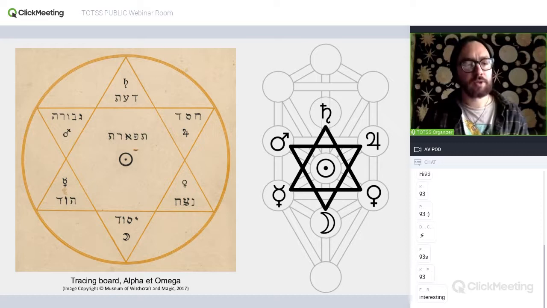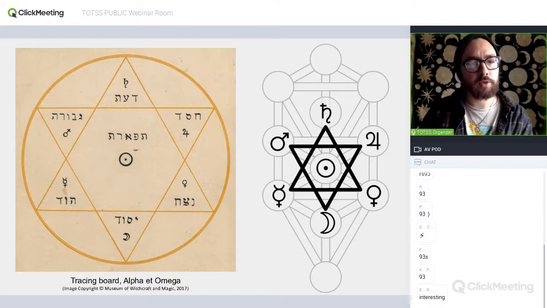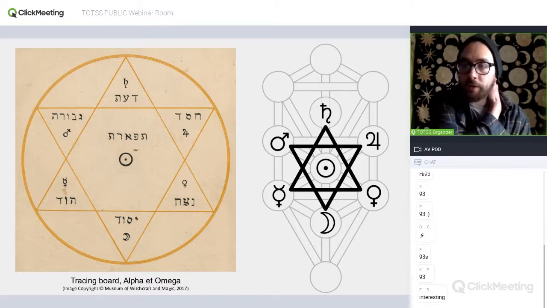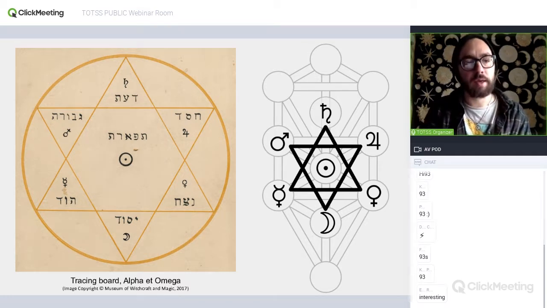And on the left, this is an old tracing board from the Alpha et Omega. Alpha et Omega was one of the immediate successors to the Golden Dawn. It was led by MacGregor Mathers after the Hermetic Order of the Golden Dawn split up in 1902. And so this is one of their tracing boards. A tracing board is like an instructional diagram that would have been shown to initiates. And you can see the Sephiroth and the planets being attributed to the points of the hexagram.